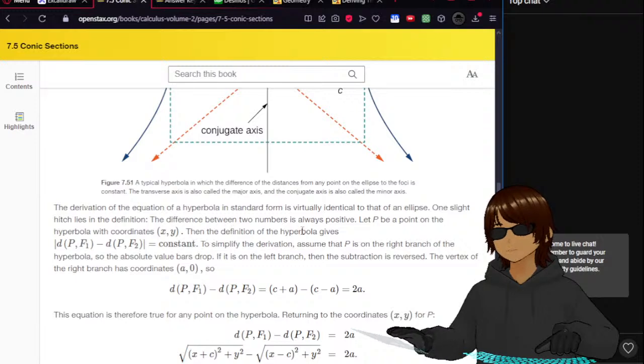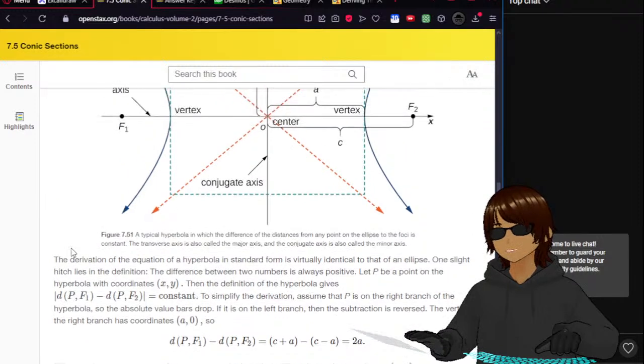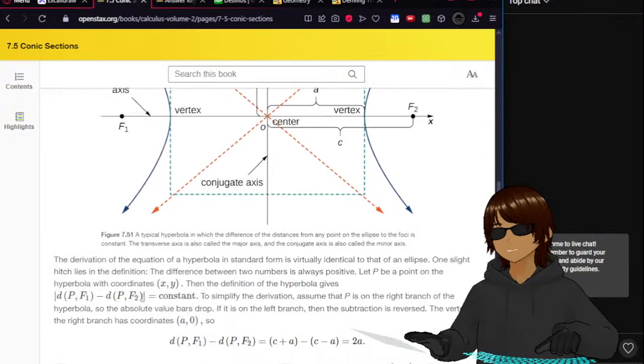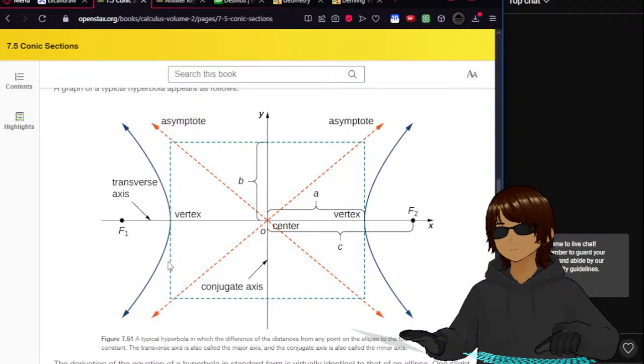Then the definition of a hyperbola gives the distance from P to F1 minus the distance from P to F2. Oh, I see. So the distance from here to F2 minus here to F1 will be a constant throughout the entire line.